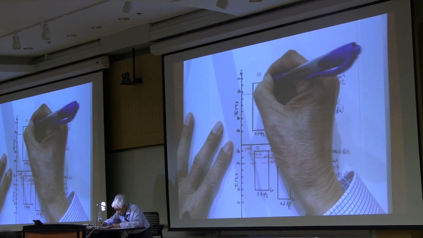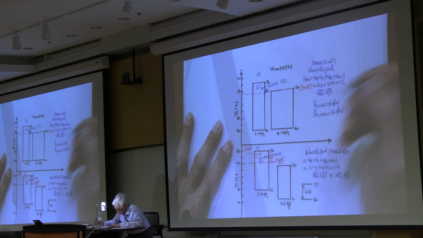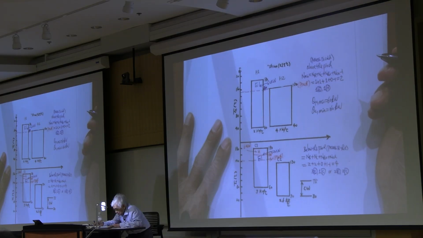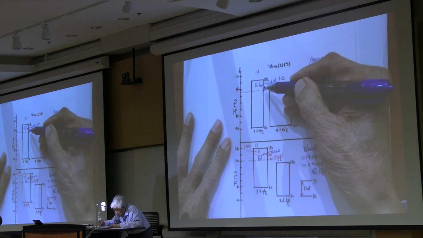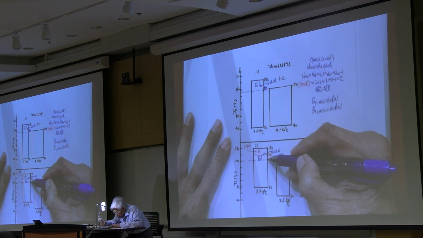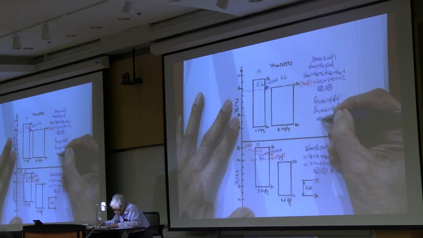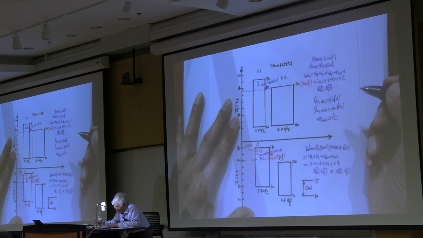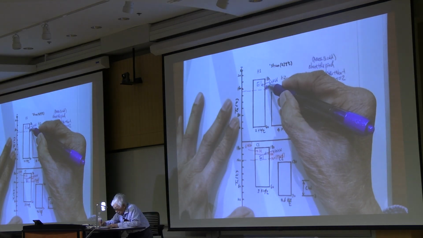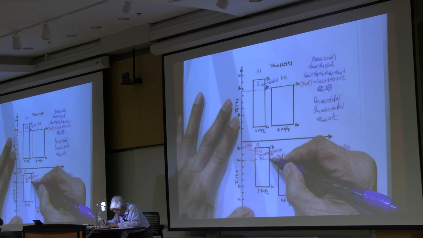Then E1: 180, 160, 150, 140. Delta T min is 10 degrees C. 150 exactly 10 degrees above 140 is feasible.